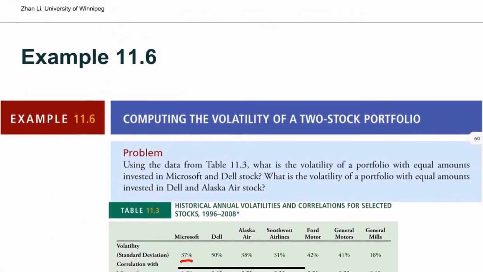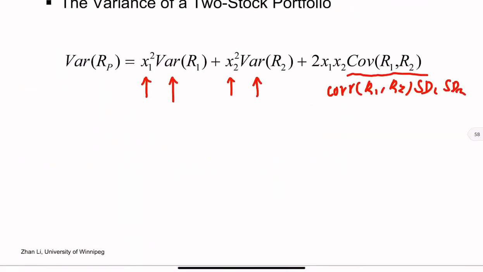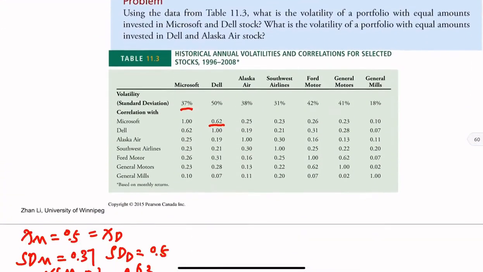To calculate variance, you should use this formula. The variance of this portfolio is Microsoft's portfolio weight squared times its variance, plus Dell's portfolio weight squared times its variance.